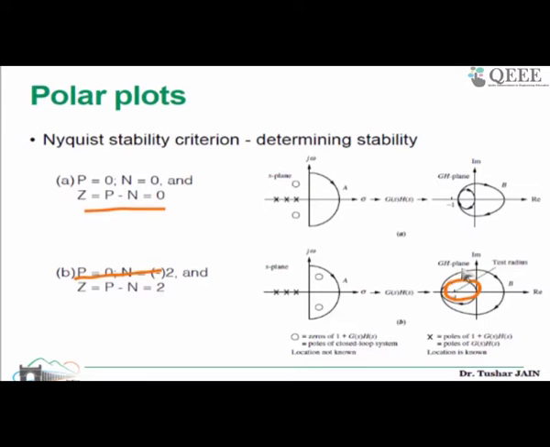One is this one, another is this one. So N is equal to -2. When I compute Z equals P minus N, it gives me 2, meaning I would have 2 closed loop poles on the right hand side of the closed loop system. So this is my unstable system, and this is your stable system.